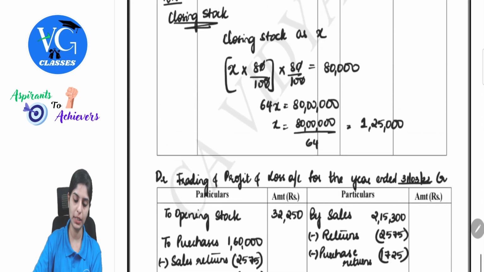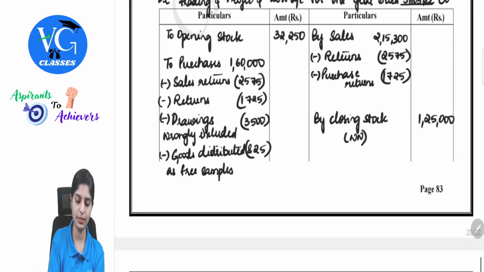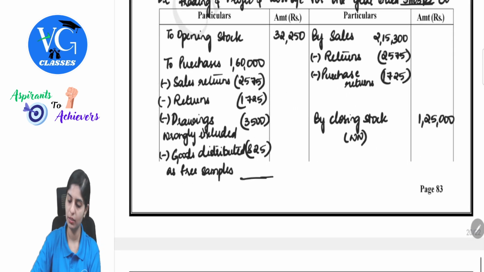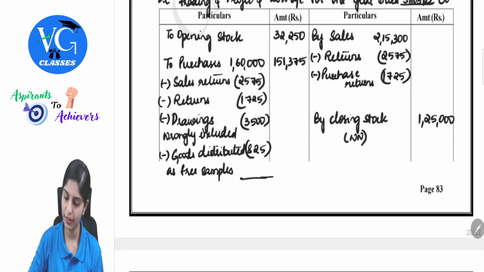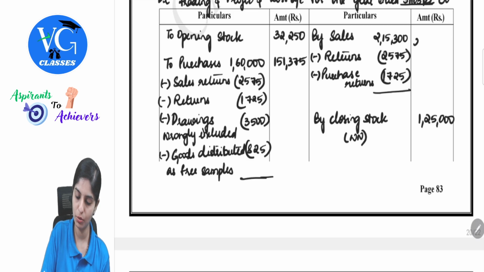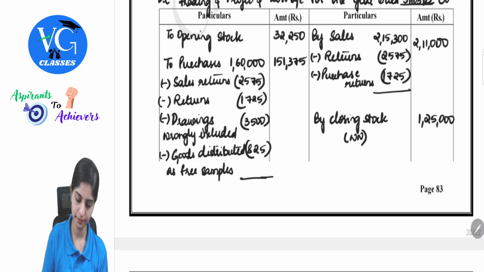So now we have completed all the arrangements. Let's find out the values. 1 lakh 60 minus 2575 minus 1725 minus 3500 minus 825 is 1 lakh 51,375. 215,300 minus 2575 minus 1725. This is 2 lakh 11,000.